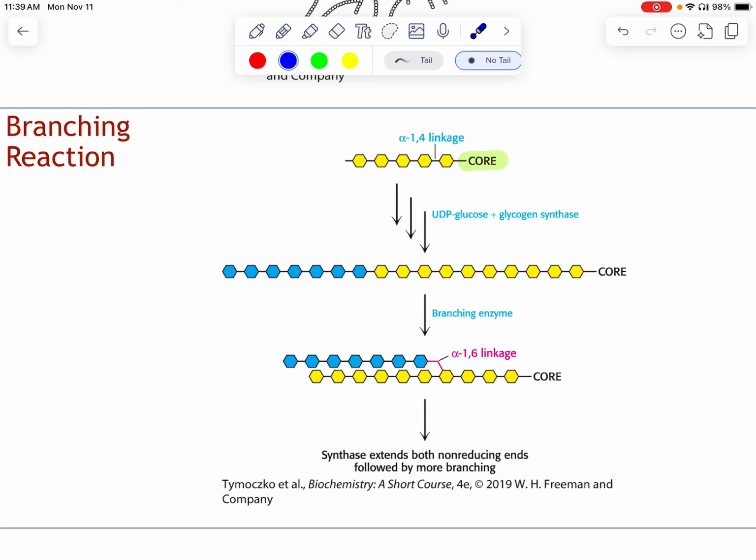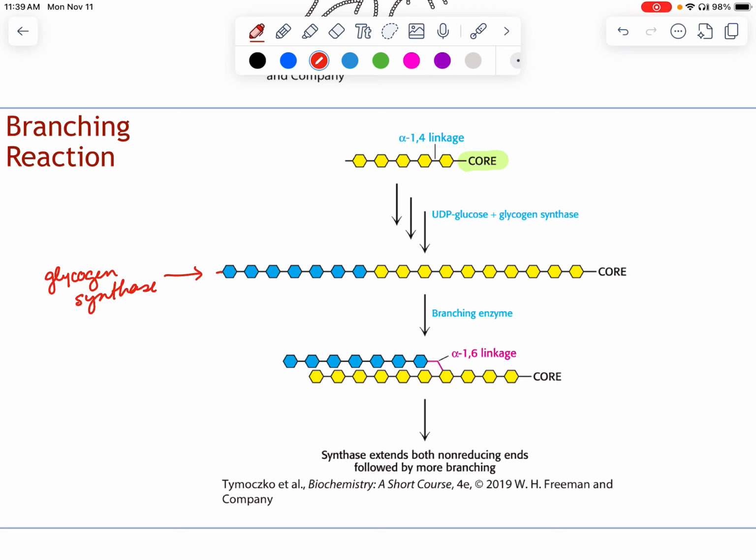Now that glycogen synthase is building just those alpha 1,4 linkages. Okay, they're adding them to the non-anomeric carbon side of this branch. So we're going to keep adding on this side.